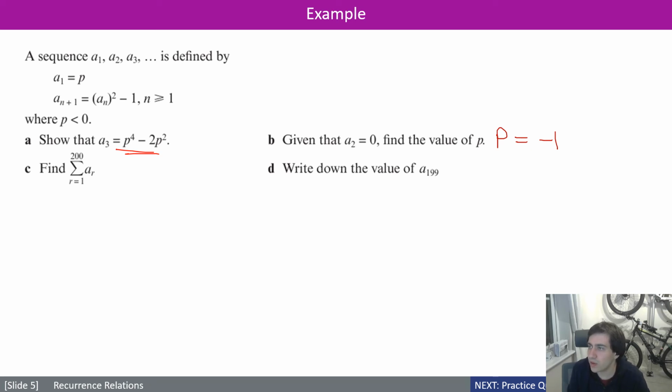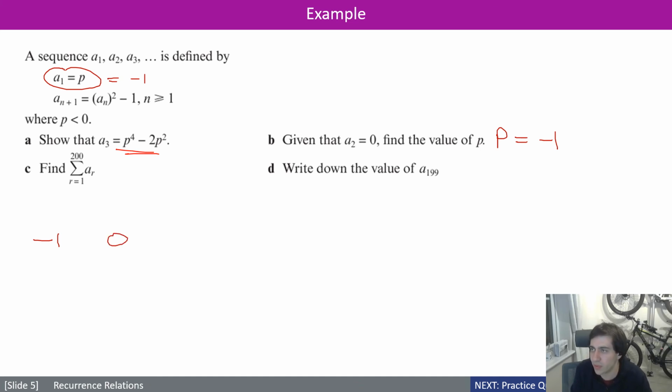We've already got A1 is P, which is minus 1. So our sequence or our series starts as minus 1, and then we can use the rule, right? So you square it and you take away 1, and that gives you the next one. So if I square minus 1, I get 1, and I take away 1, I get 0.